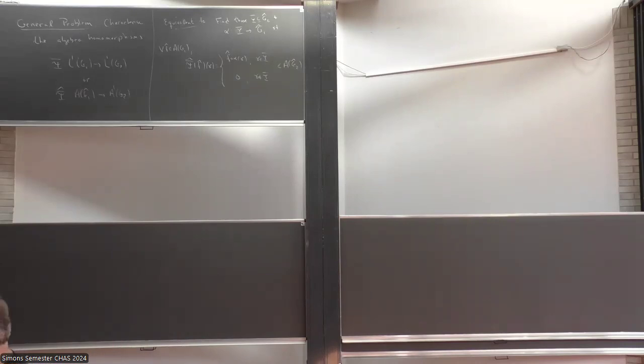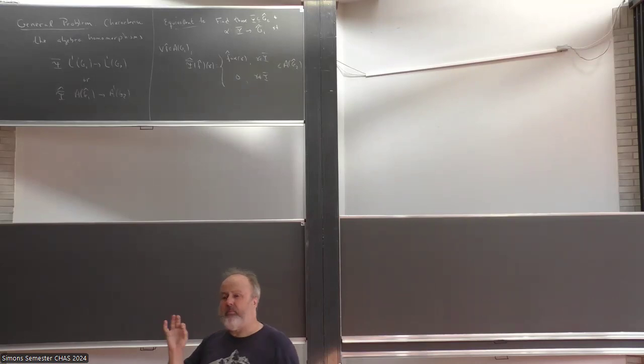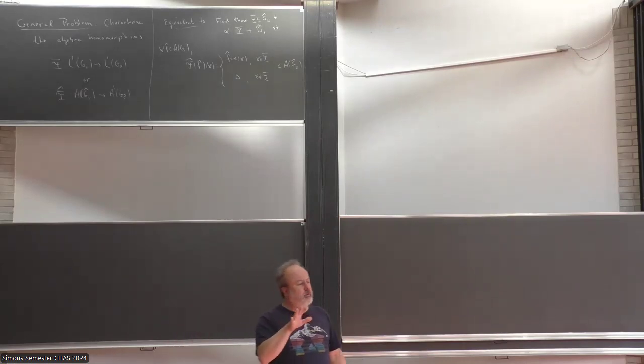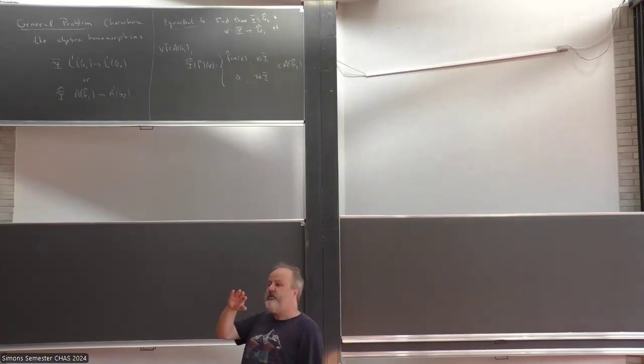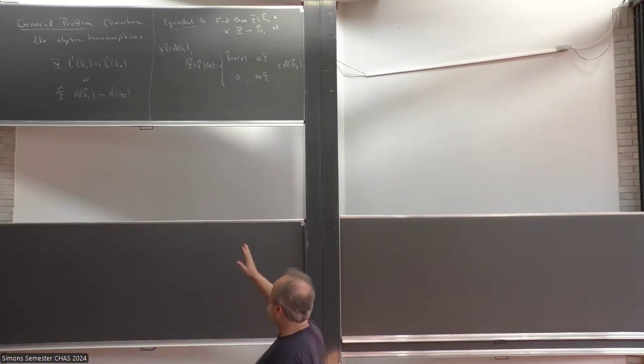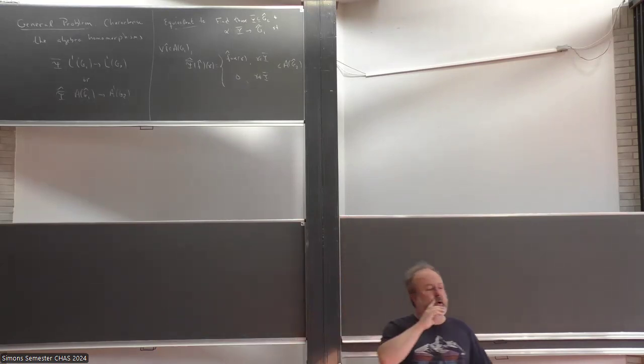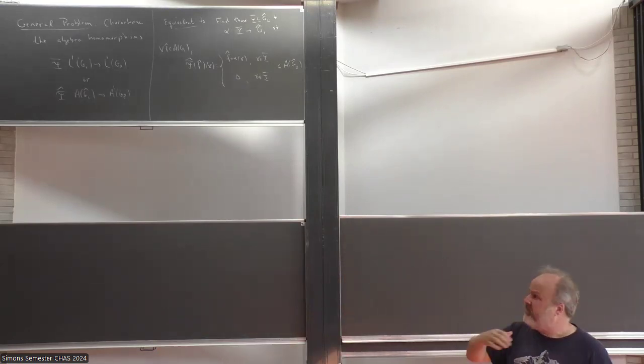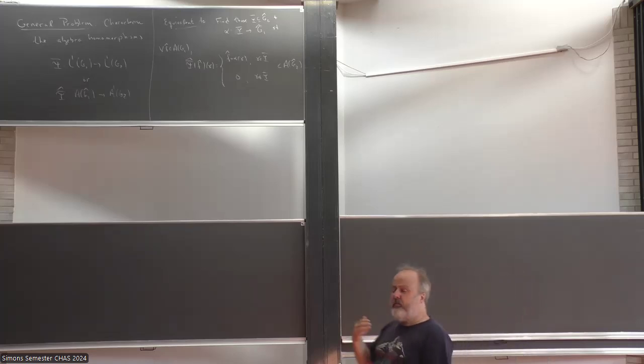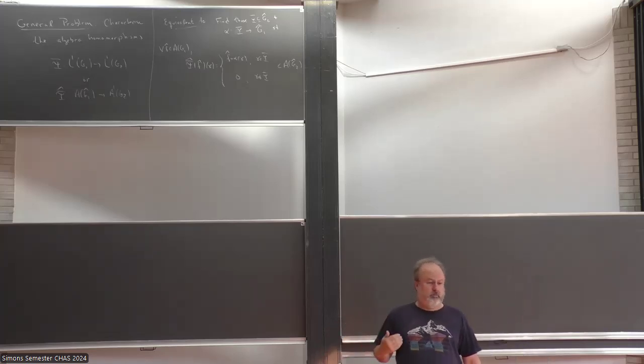Right, so at the end of the first lecture, we arrived at a basic fundamental problem in the theory of locally compact abelian groups. Given two locally compact abelian groups, G1 and G2, the problem is to characterize the algebra homomorphisms between the group algebras of these groups.